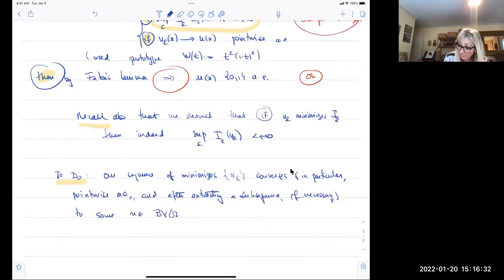And again, the fact that it lives in 0, 1 will come for free. That's been done already. So the point is the convergence.